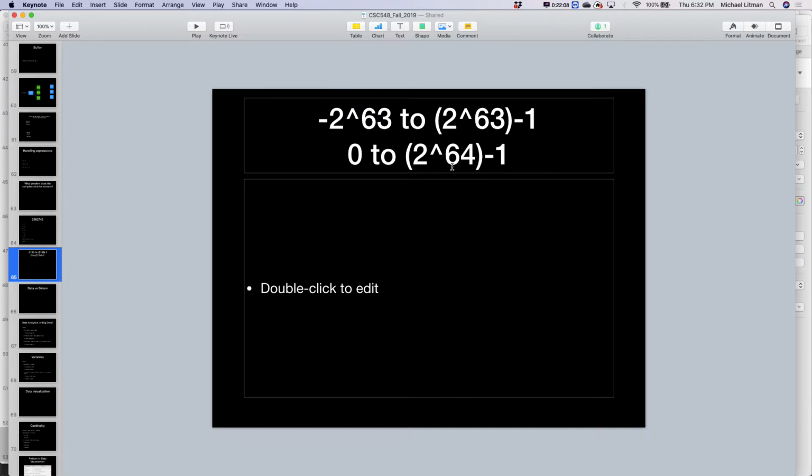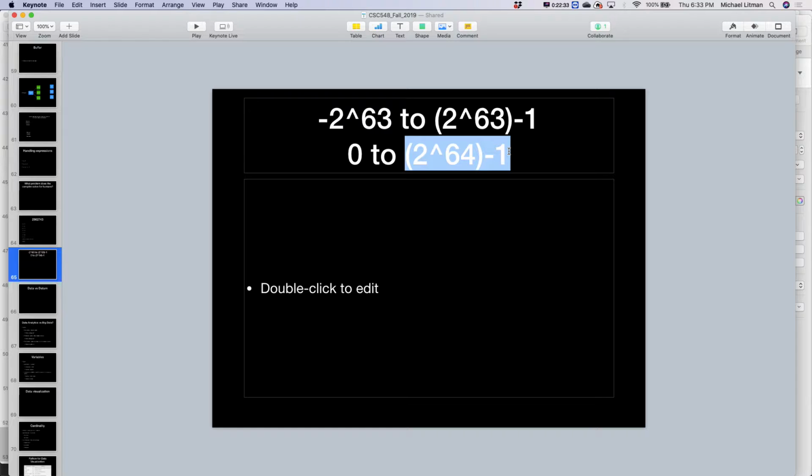Now, an unsigned value means only positive numbers, 0 or greater. That means I no longer have to represent numbers on the negative side. So I just start at 0, and now I can go farther on the positive side. I'm representing the exact same total number of unique values with 64 bits.